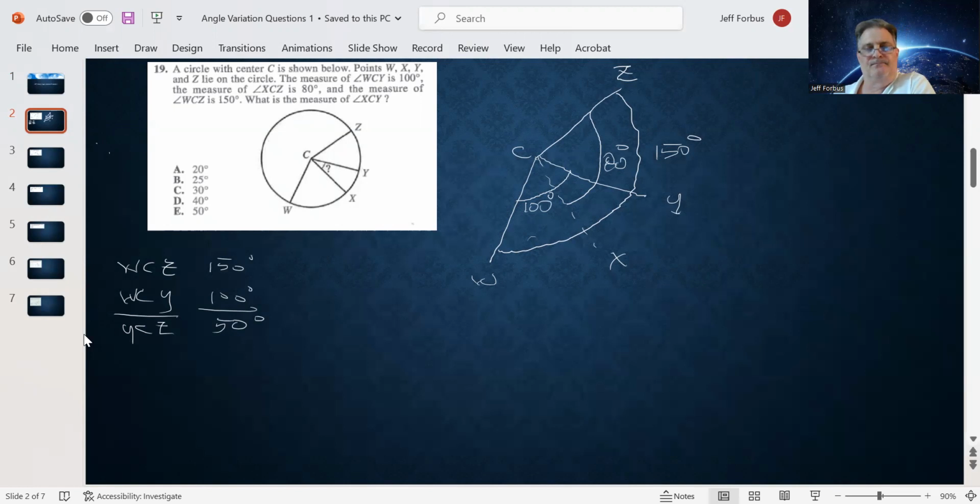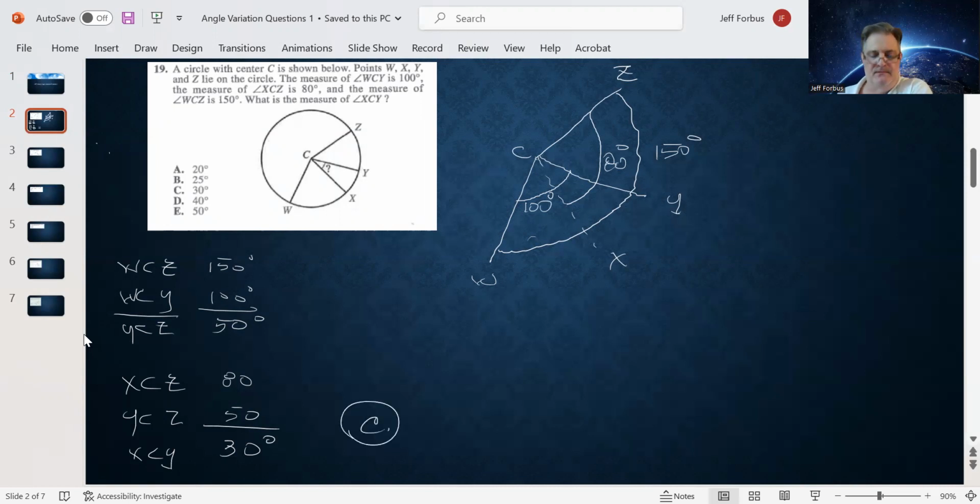Okay, but we need XCY. So if we take XCZ, which is 80, and we subtract the 50, we get XCY, and that's what we're looking for. 30 degrees, and that's going to give us answer choice C. All righty, let's move to the next one.